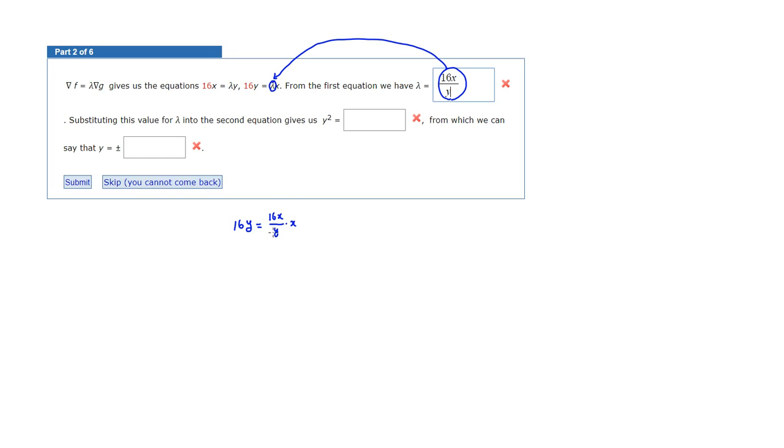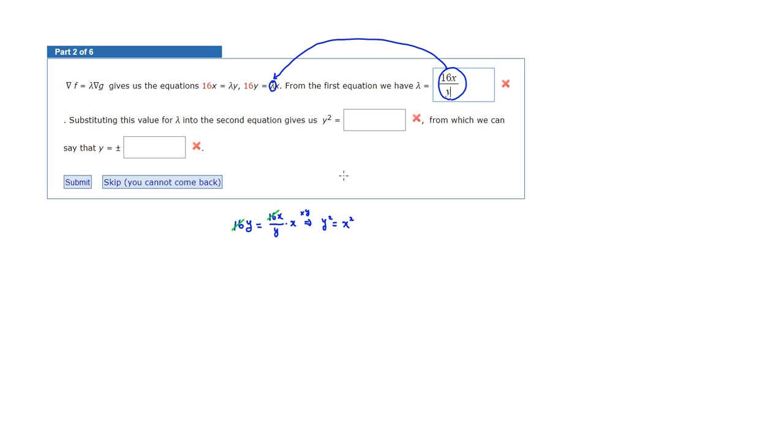So we can divide both sides through by 16, then multiply both sides by y. So we get y squared is actually equal to x squared, right?